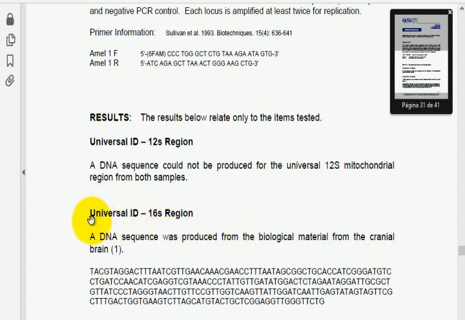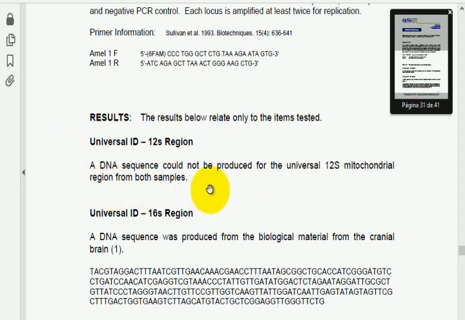This is mitochondrial genetic material, and this is the part to test to identify if Maria is human or not human. 12S region and 16S region. First, a DNA sequence could not be produced for the universal 12S mitochondrial region from both samples.